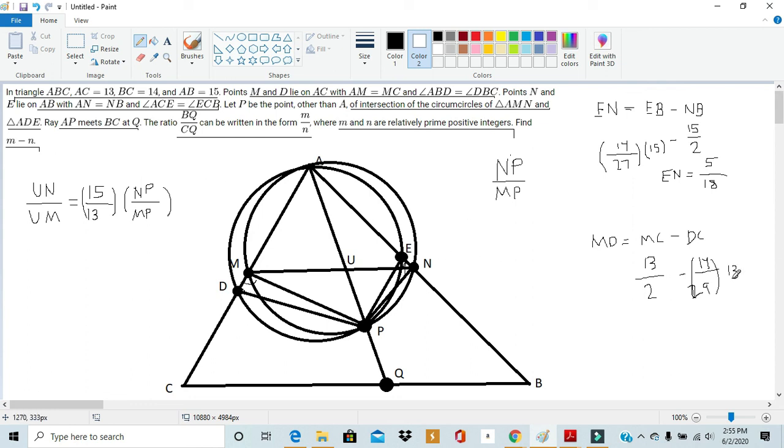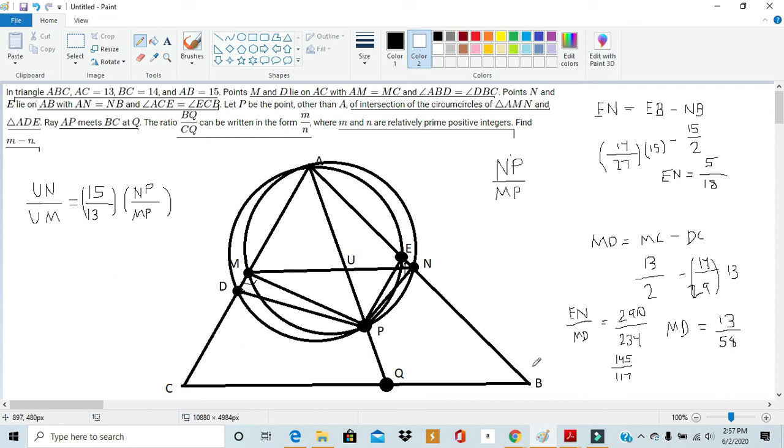And if we compute that, doing all the calculations on your own, we get that MD is 13 over 58.